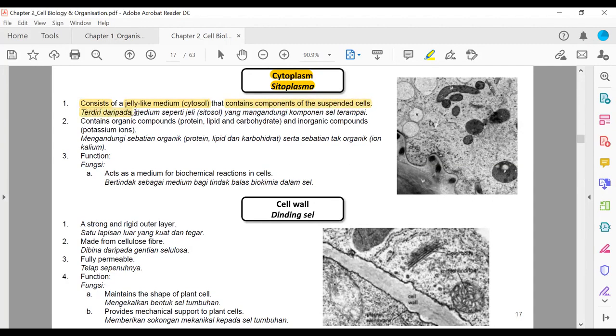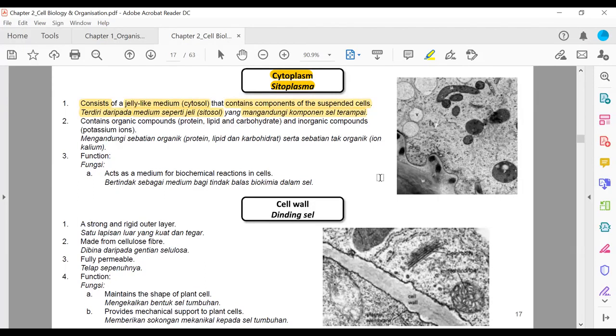Terdiri daripada medium seperti jelly yang dipanggil sebagai cytosol yang mengandungi komponen sel terampai. So cytoplasm terdiri daripada medium, bermaksud bahan.